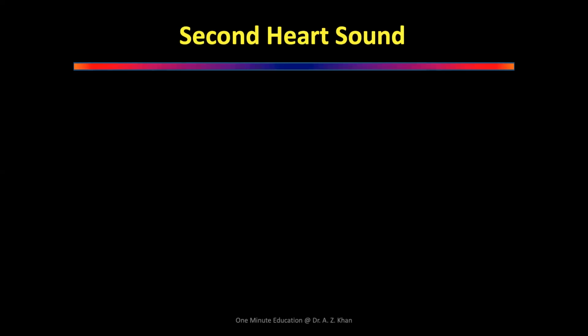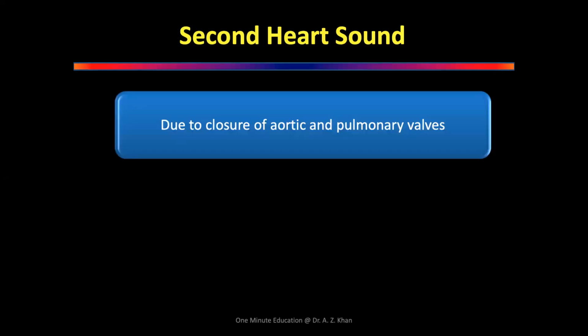Why do you listen to a second heart sound? What structure is closing? One thing you've understood, it usually happens because of the closure of a structure, the snap. So why does the second heart sound happen? Yes, sir. Because of the closure of the aortic and the pulmonary valves, okay?